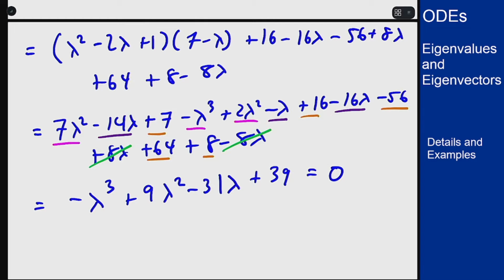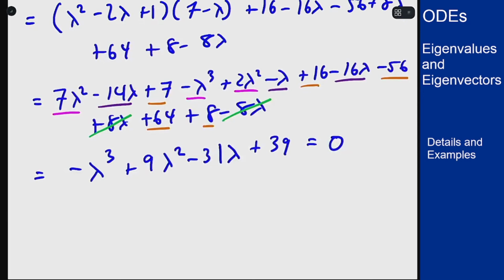and I want to know where this is 0. So again, it's not screaming at me what a root of this would be, but I can check for integer roots by looking at the factors of 39, something you probably learned way back in pre-calculus. I can look at 1, 3, or 13 to look for roots that are factors of 39.